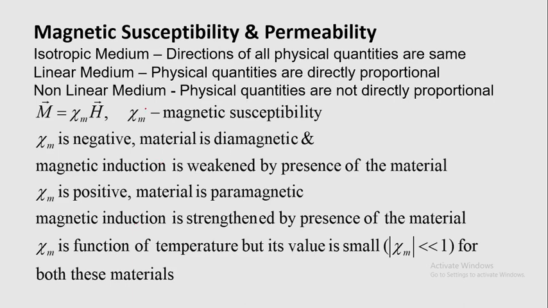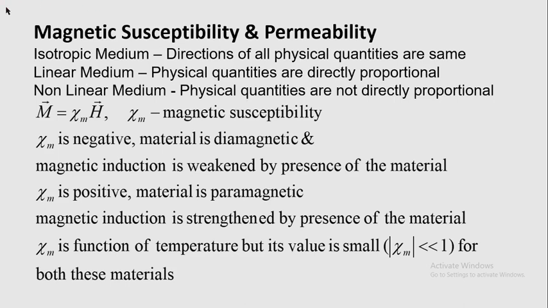Now, suppose you take a solenoid like this, pass a current, and keep a ferromagnetic material inside it.